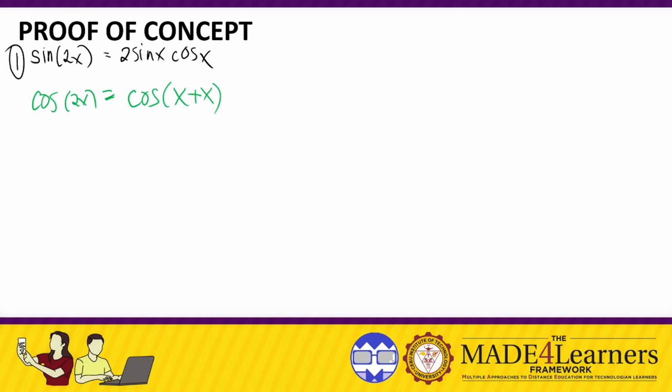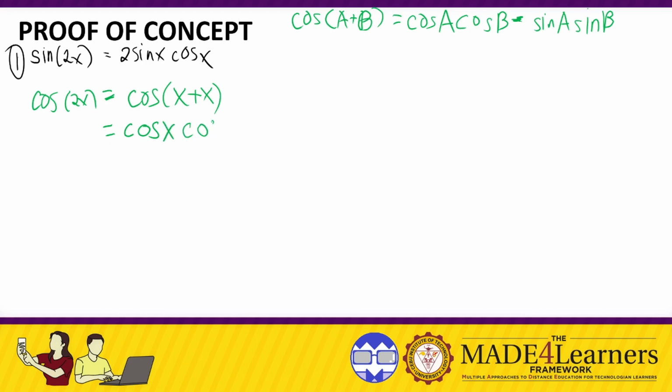For cosine, cos of A plus B is cos A cos B, and if it's plus, it becomes minus, so minus sine A sine B. So A is x, cos B is cos x, minus sine x sine x.